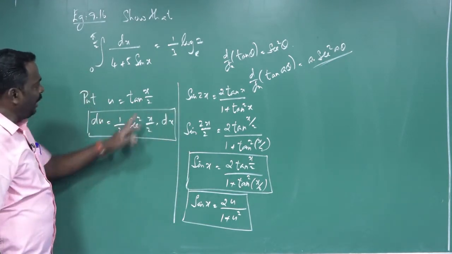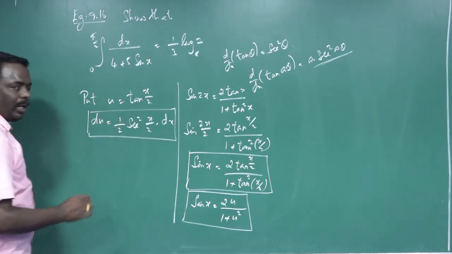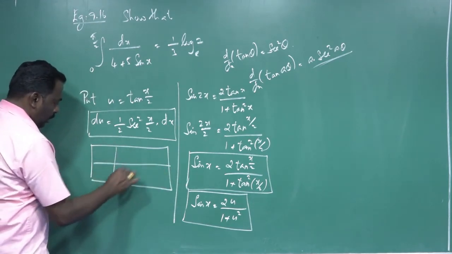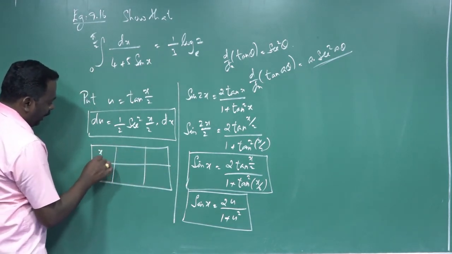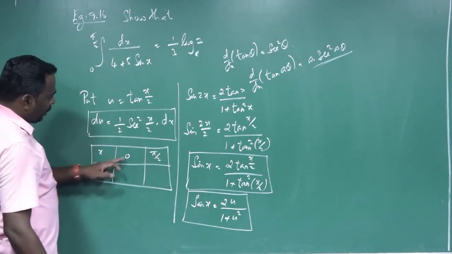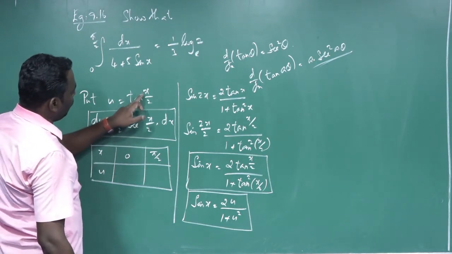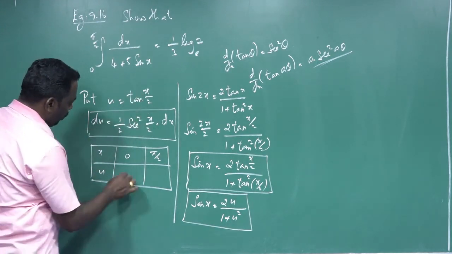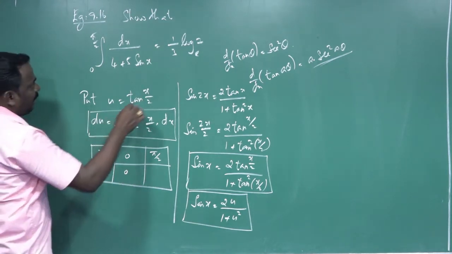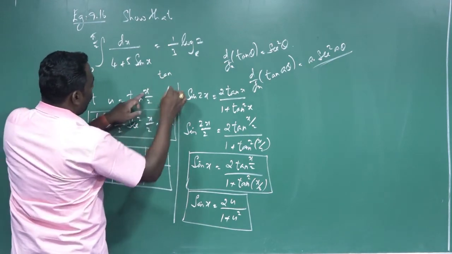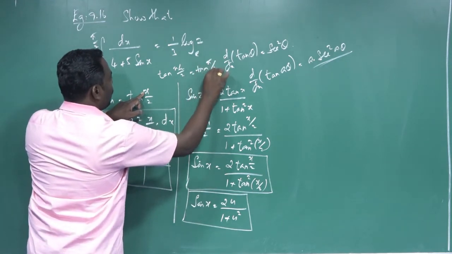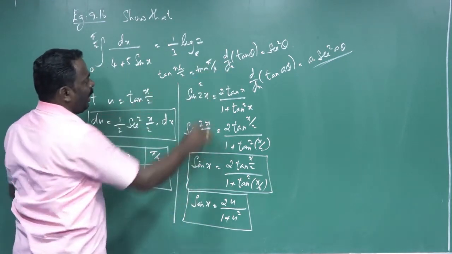Now we have to convert the x variable to the u variable and find the range. The x range is 0 to pi by 2, that is 90 degrees. Put x equal to 0: tan 0 by 2 is tan 0, which equals 0. Then put x equal to pi by 2: tan of pi by 2 by 2 is tan pi by 4, tan 45 degrees, which equals 1.